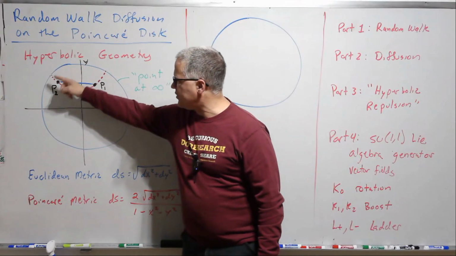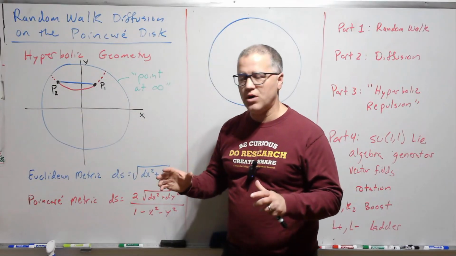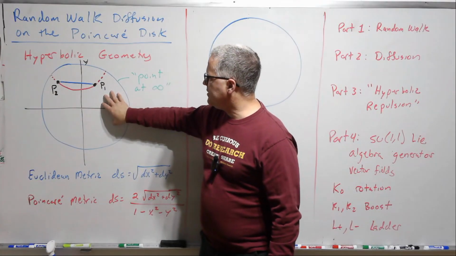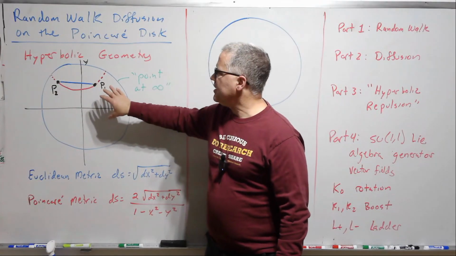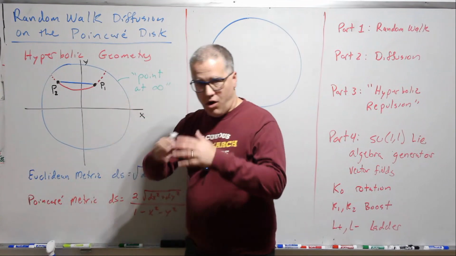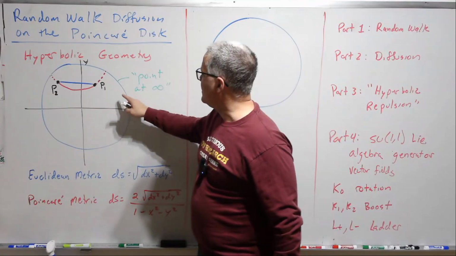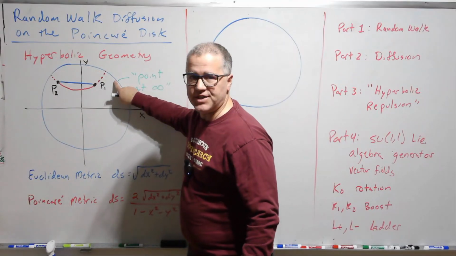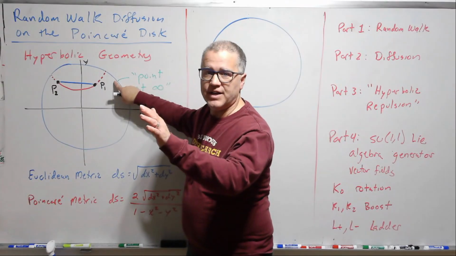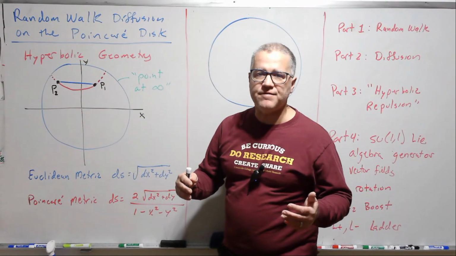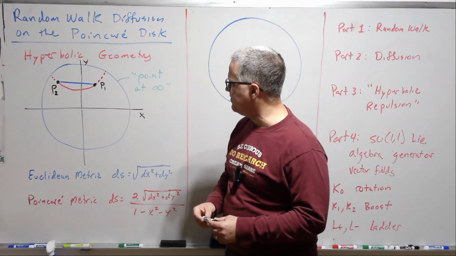So this blue circle here is a circle of radius 1. And any point in this space is inside this disk. So what that means is that all of space, including infinity, is in here, and as we reach the edge of this disk, we're approaching infinity. And the point at infinity lies on the unit circle.